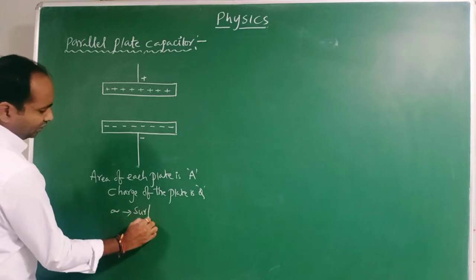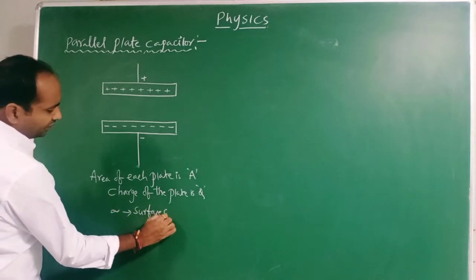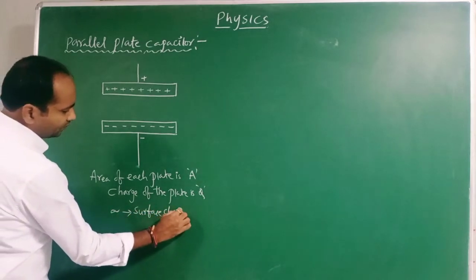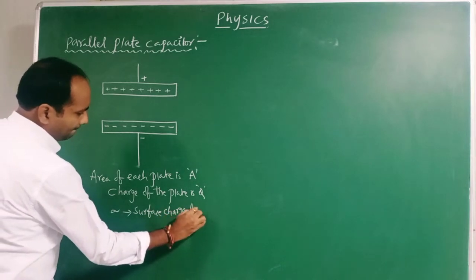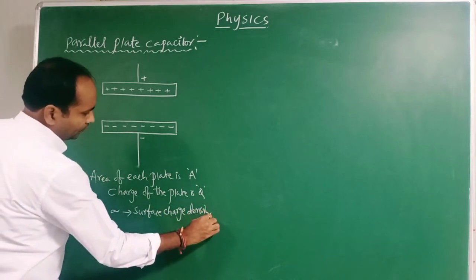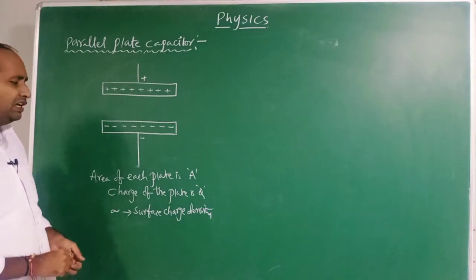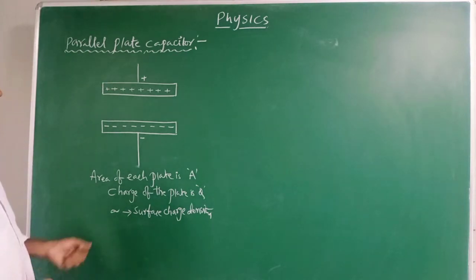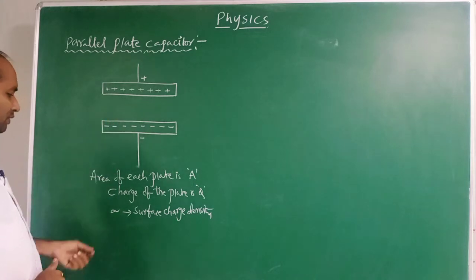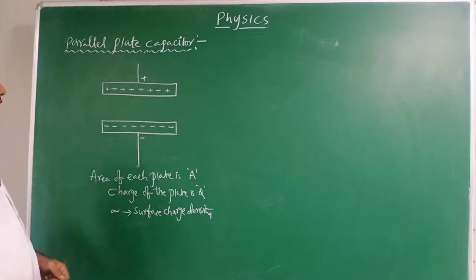So sigma is the surface charge density, A is the area of each plate, and Q is the charge given to the plate.